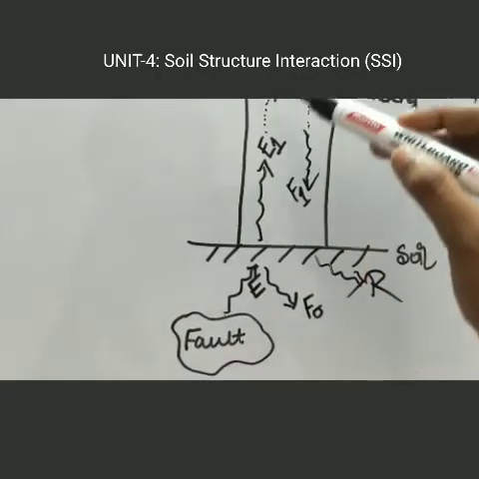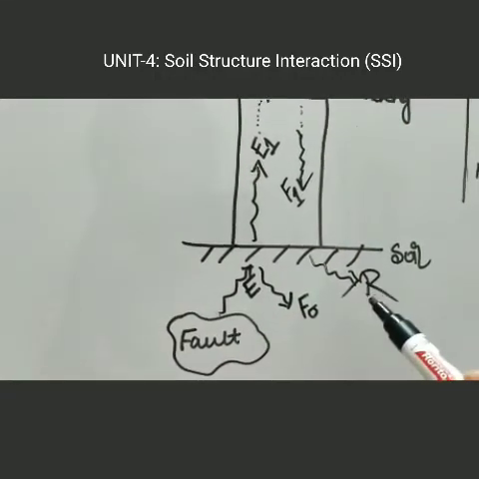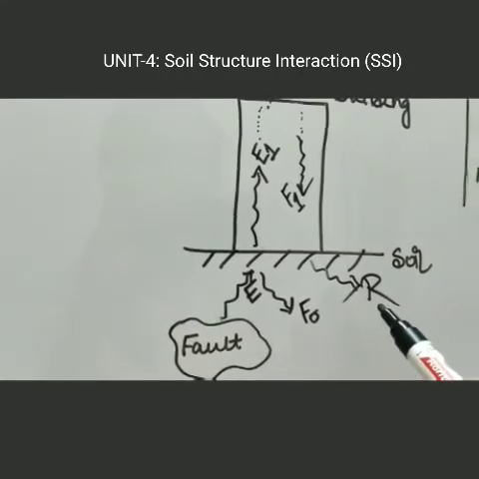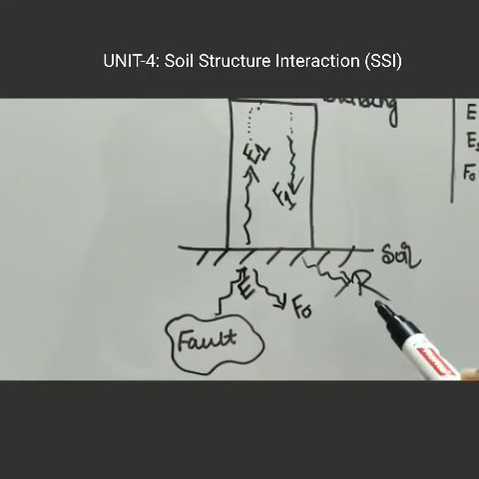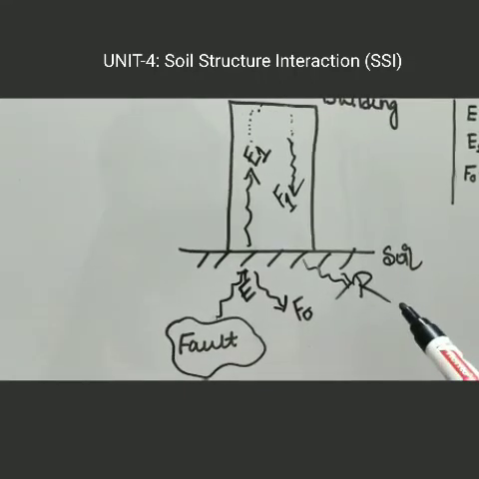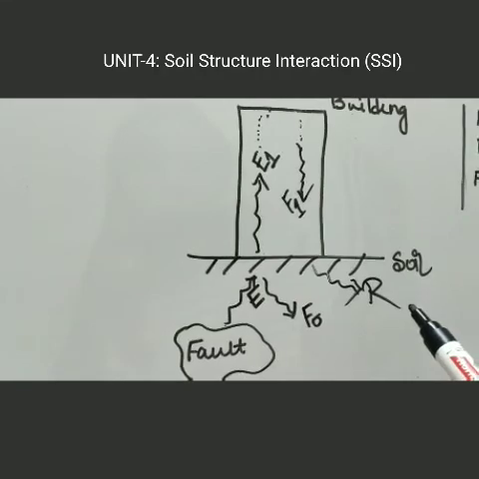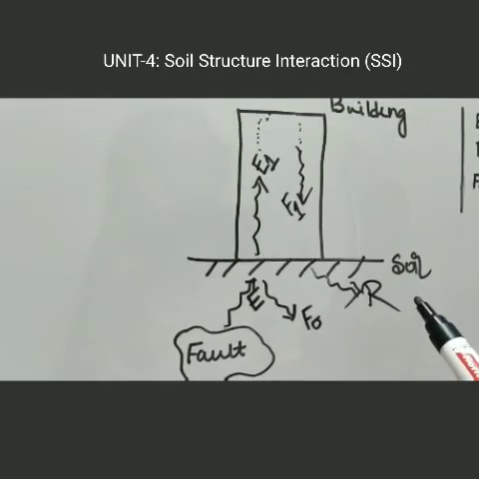During this simultaneous process, the soil structure interaction phenomenon occurs. Is it clear to everyone? For further doubts, you can read the PDF which I have given you for this theory, and for more doubts you can just ping me.